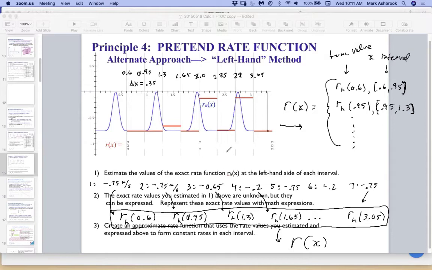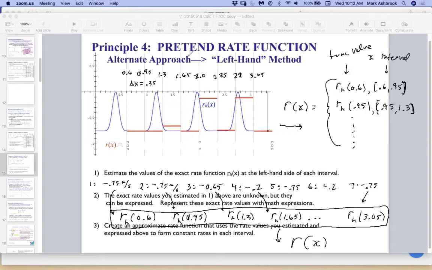Is that okay? Yeah, that makes sense. All right. Good question. Yeah, please. Is this to help us understand it conceptually, or is this a method we'll be tested on? Yes, both. So we're always going to emphasize the concepts, and then you're going to be tested on the concepts.